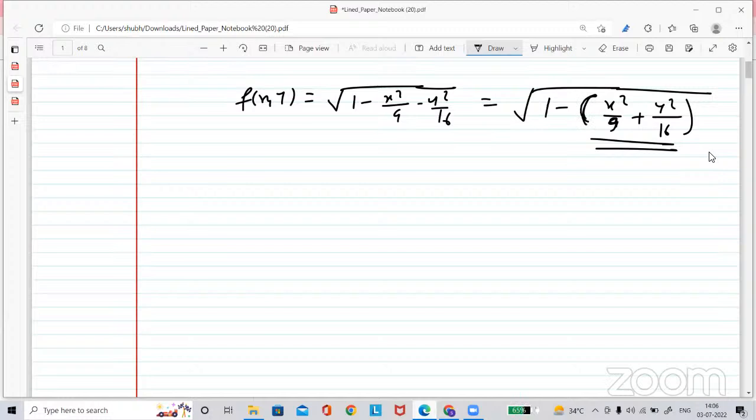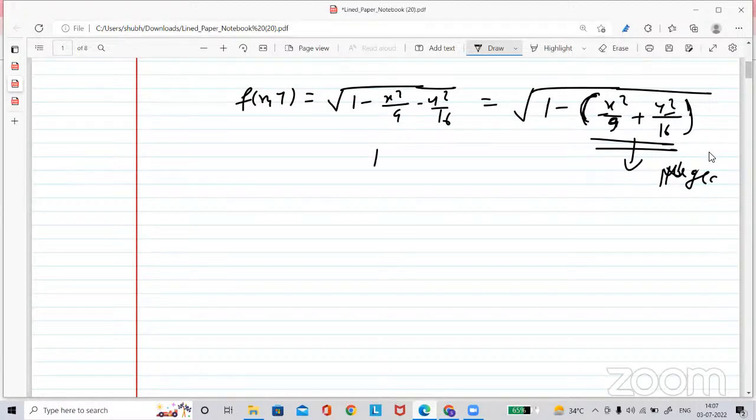So in the range, we have to evaluate the square root, sir. Actually, let me first see this portion. This portion is never going to be negative, because this is a square and this is a square.